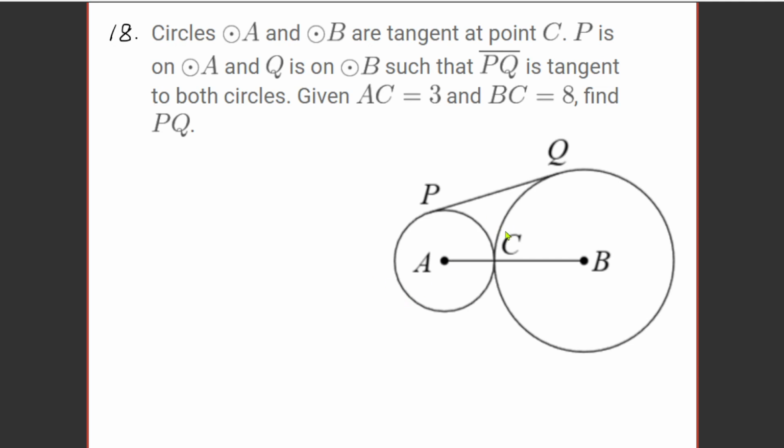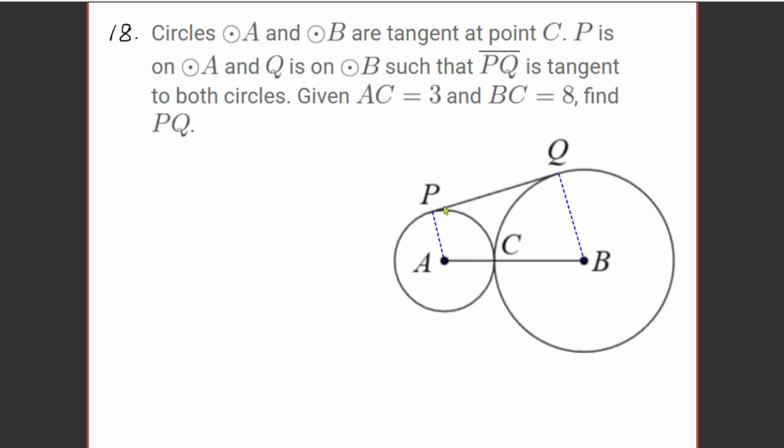Given AC is 3 and BC equals 8, so basically we know the radius of both circles here. Okay, first of all, we could connect PA and QB, right? And PA is the radius of that circle, QB is the radius of the larger circle.